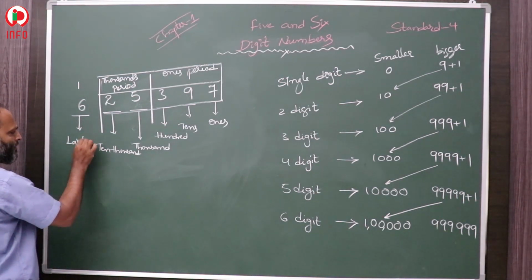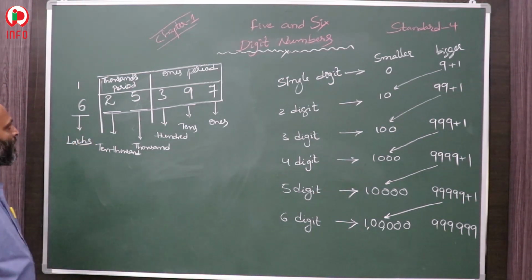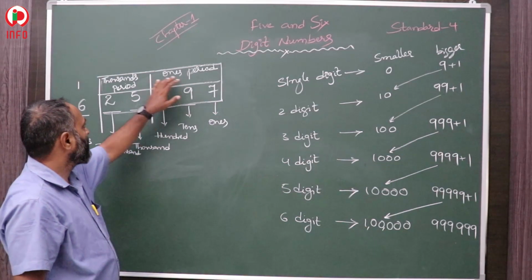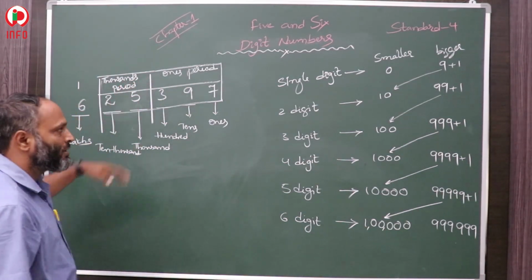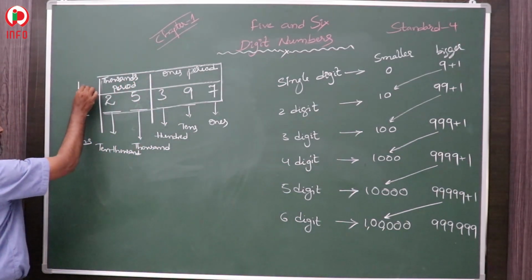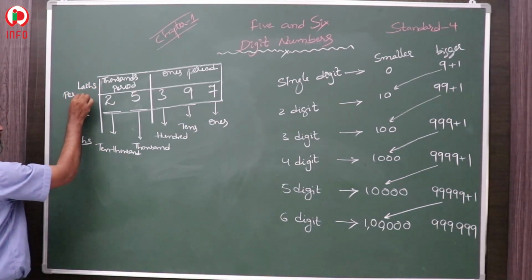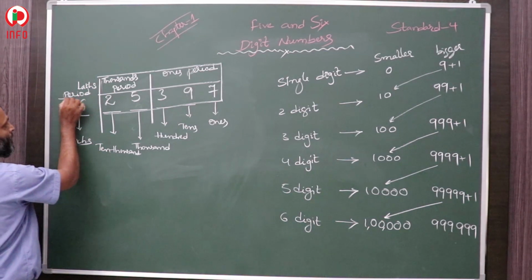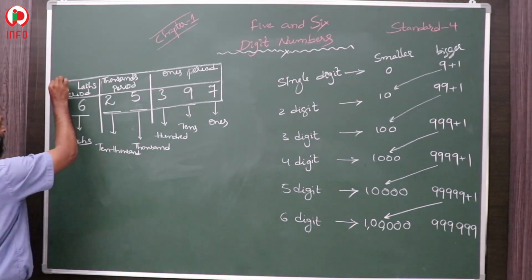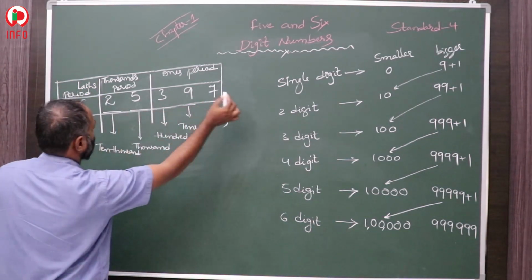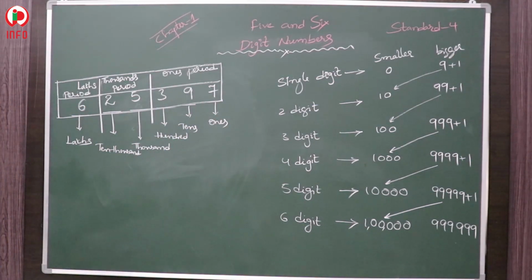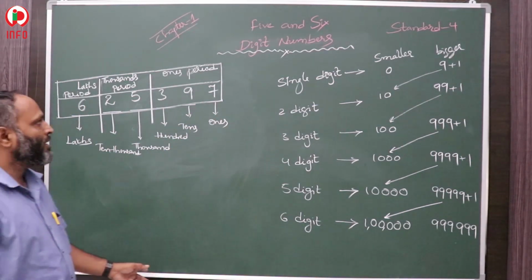So this is the ones period, this is the thousands period, this is the lakhs period. So these are our 6 place values.